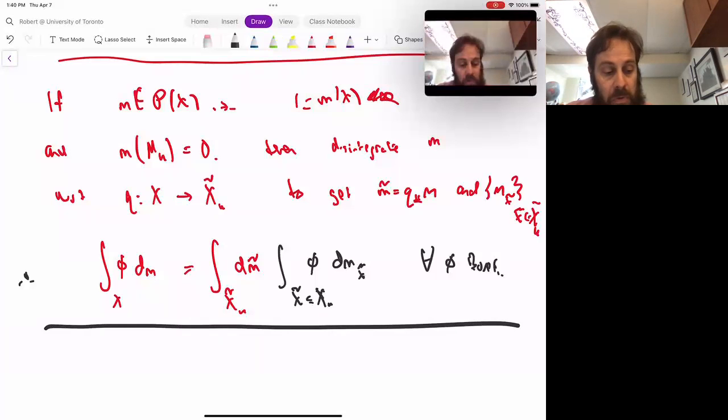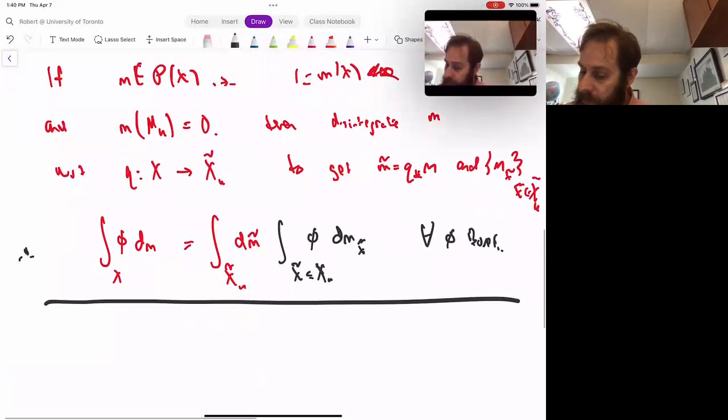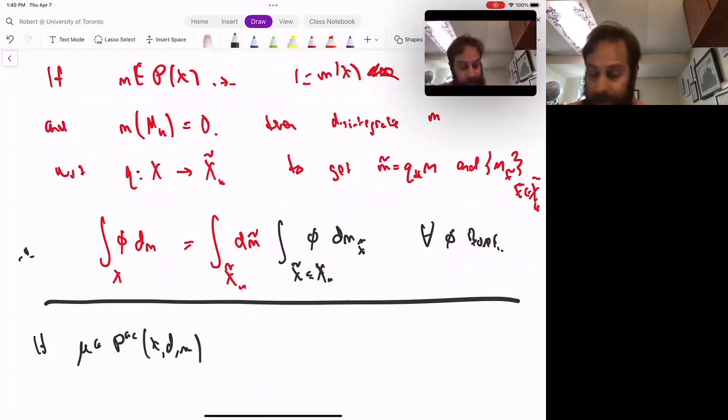So notice that if I want to choose some other measure, which happens to be absolutely continuous with respect to M, I can also disintegrate it with respect to the same quotient map.